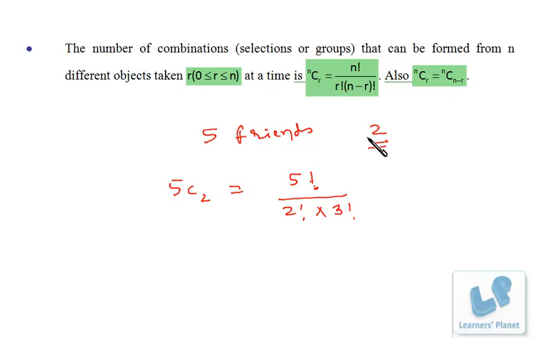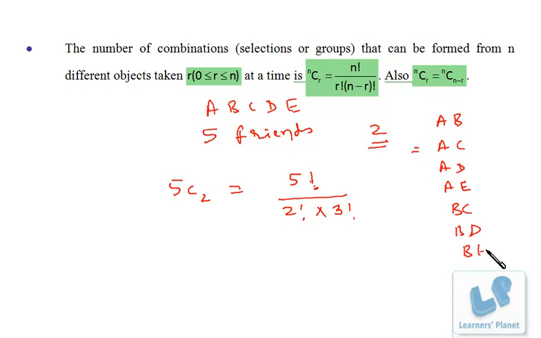Now generally if we are making combination, what is happening over here? Suppose 5 friends are A, B, C, D, E. As we have done in the previous examples, we got the 10 combinations. It is AB, AC, AD, AE, BC, BD, BE, then CD, CE, and then DE.